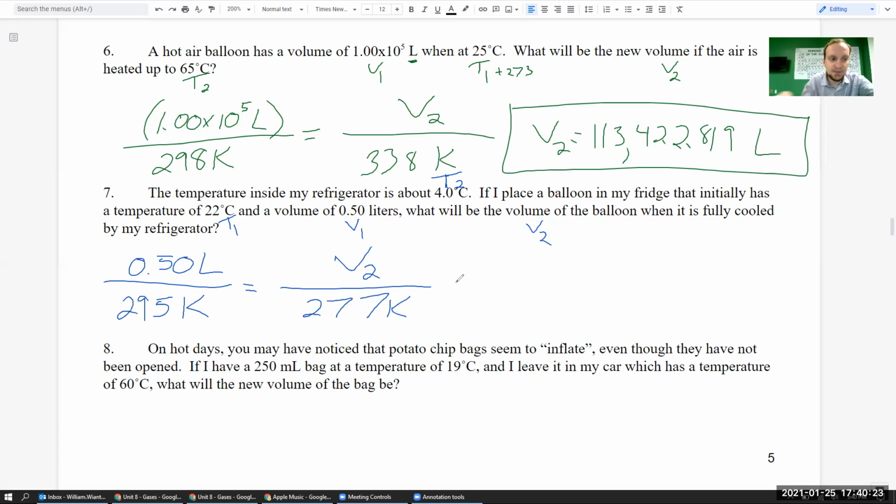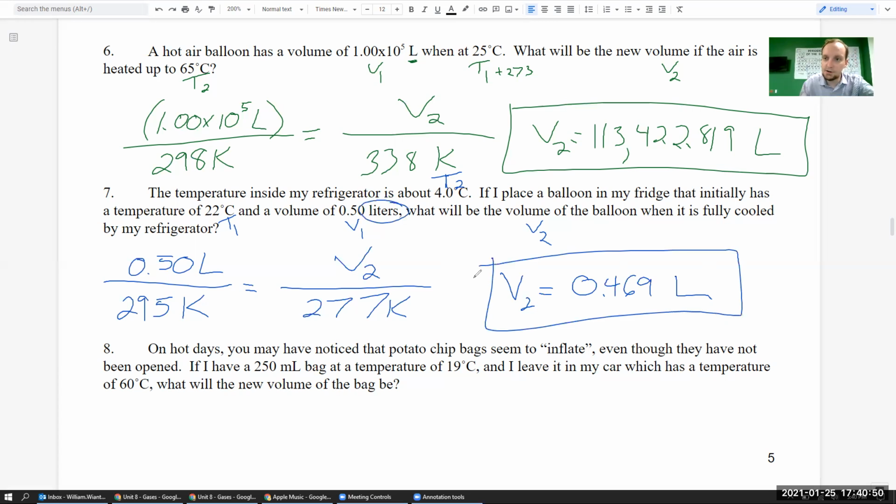All right, I'm going to cross multiply. 0.5 times 277 divided by 295 equals my V2, which is going to equal 0.469. And again, that's going to be liters because our other unit of volume was in liters. So it will also be in liters.